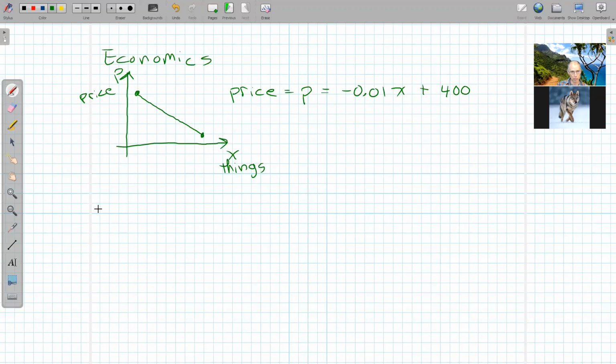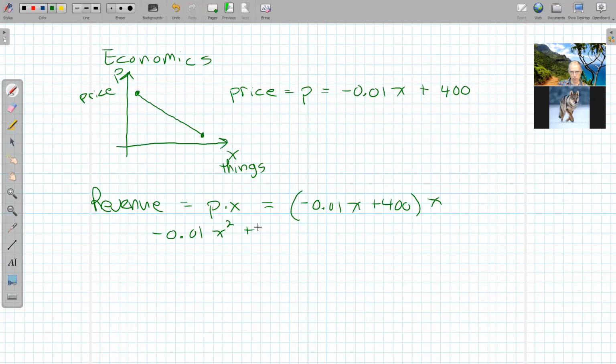The revenue that we make, the simple version of revenue, it's just the price times the number of things that you sell. And so we have a price formula up there, so it's just going to be that negative 0.01 X plus 400 times X. And so our revenue is then going to be negative 0.01 X squared plus 400 X.